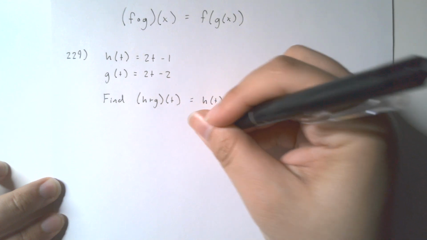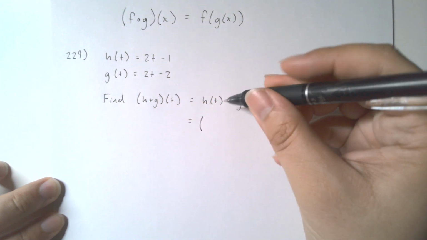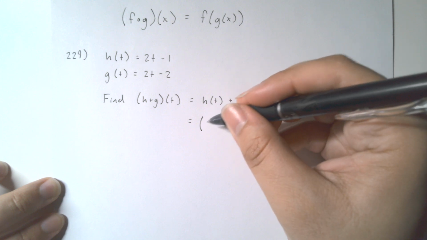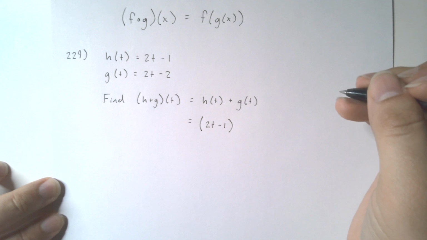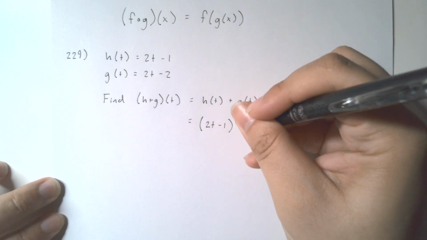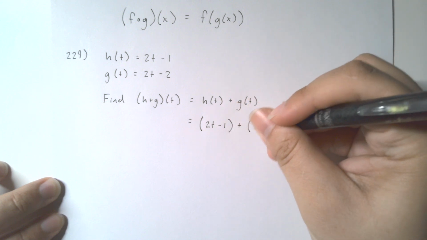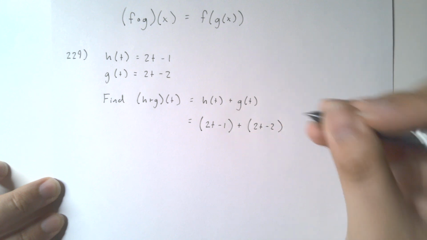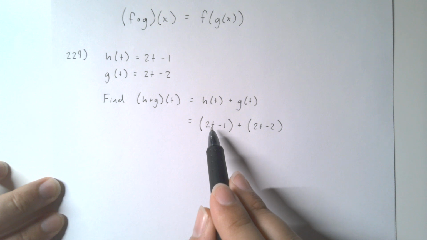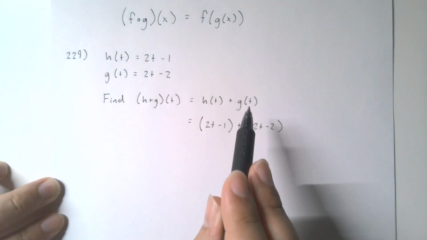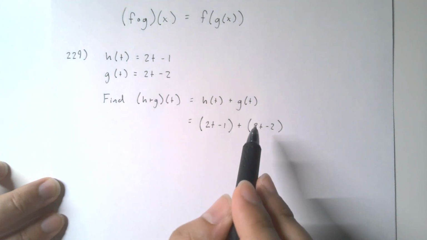So, to stay organized, I recommend replacing h of t with, in parentheses, 2t minus 1, close parentheses, plus, in parentheses, 2t minus 2. So h of t was this, and g of t was that.